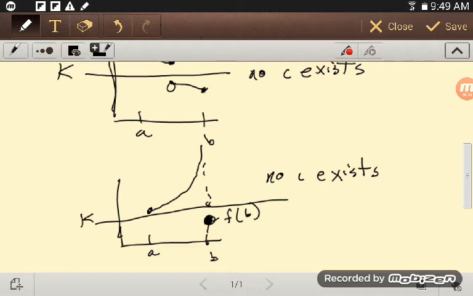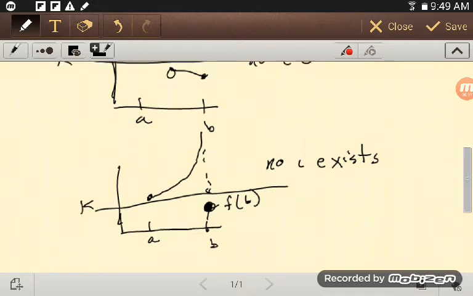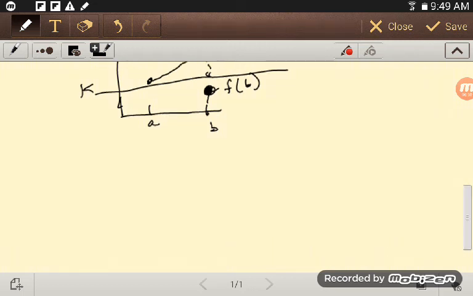Okay, so that's the intermediate value theorem. Now, typically, a big application of this is finding zeros.